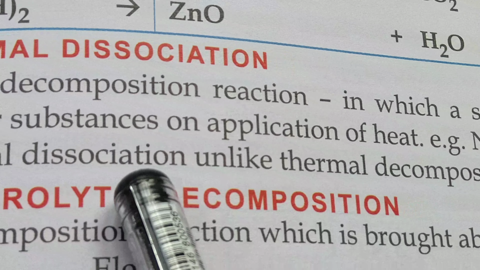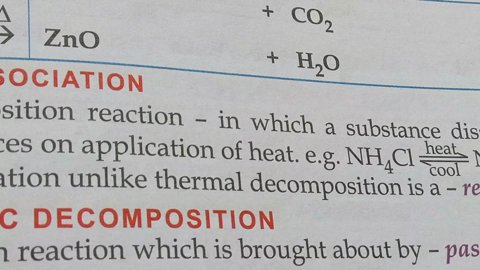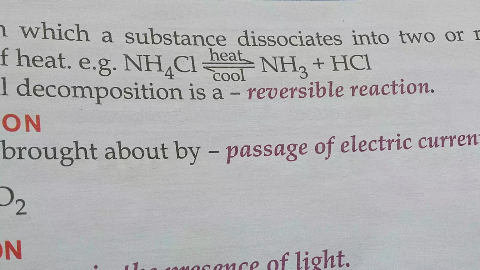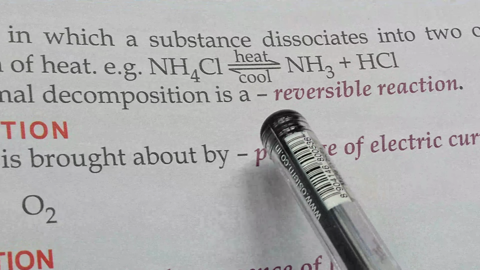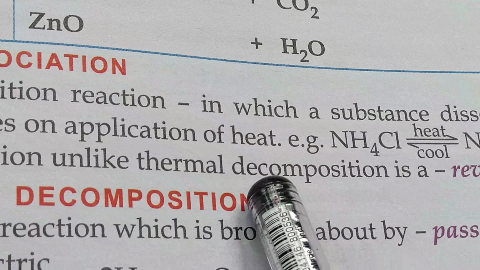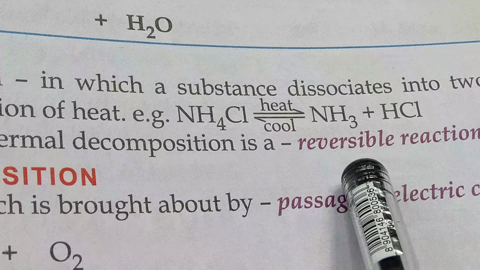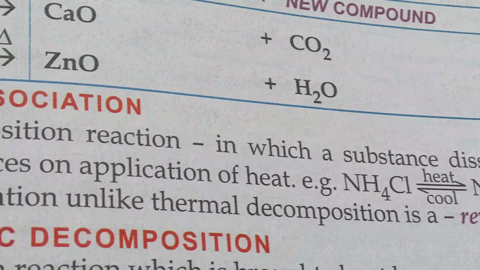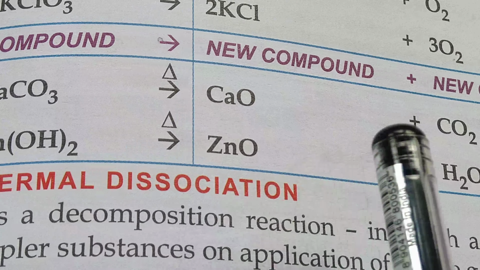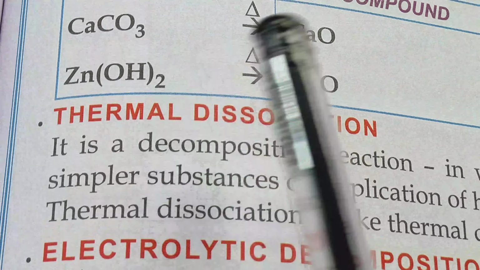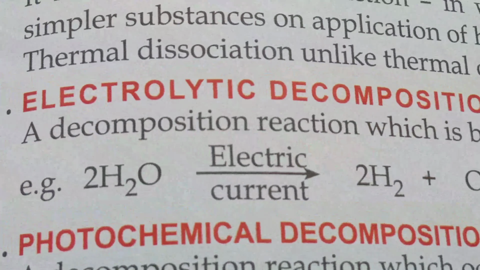Thermal dissociation, unlike thermal decomposition, is a reversible reaction. So just underline it. Thermal dissociation is a reversible reaction. For what? Because if the products are combined together, we will get the reactant once again. That's why it is a reversible reaction.